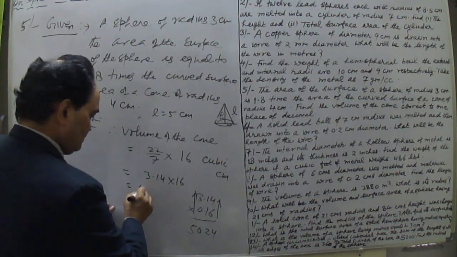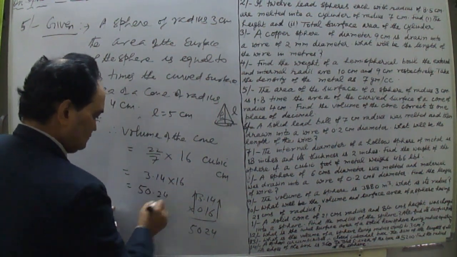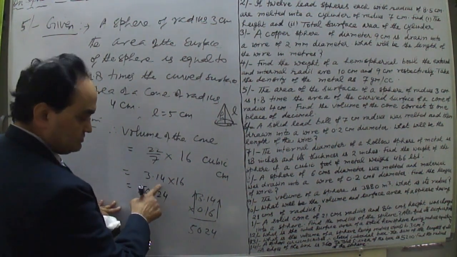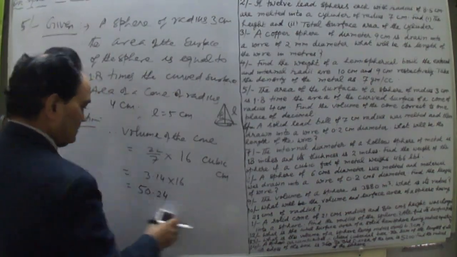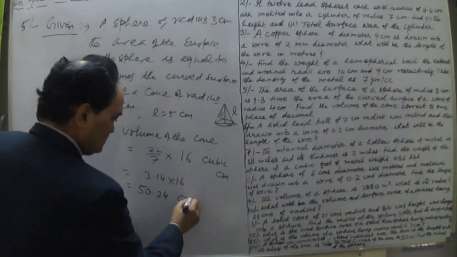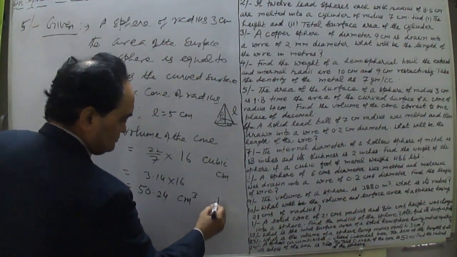What is that? 50.24. Why 50.24? Because the decimal is after two digits. So this is cubic centimeter, the centimeter cube answer.